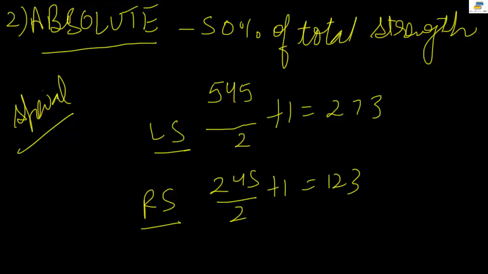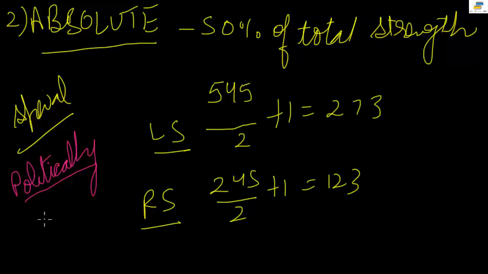But what is the importance of this absolute majority? It has a great political importance. Politically, this is a very important kind of majority, because if you have an absolute majority, for example, Narendra Modi, the NDA government, and not just NDA, out of NDA only the BJP has more than 272 seats now, right?